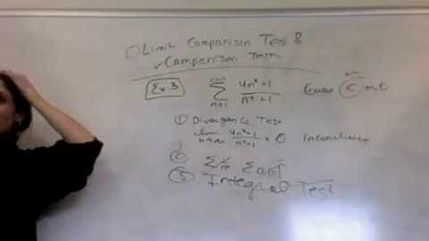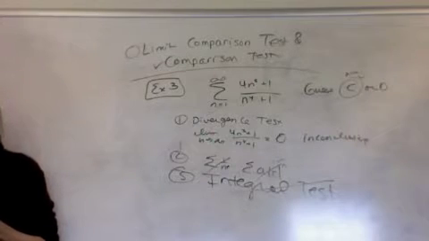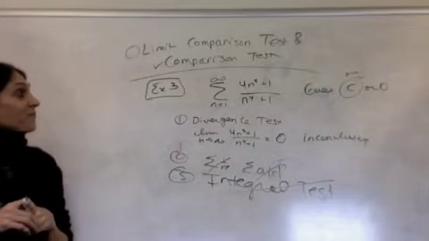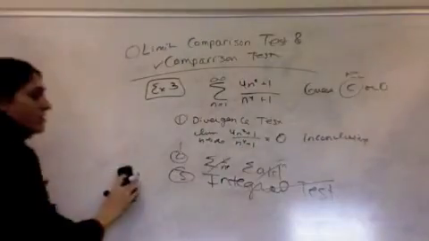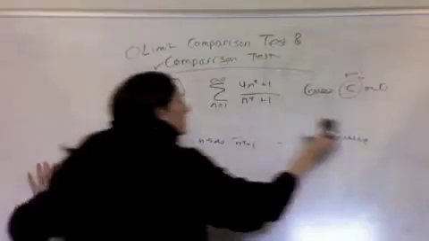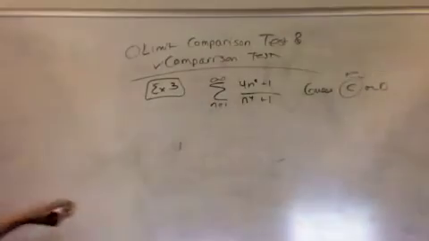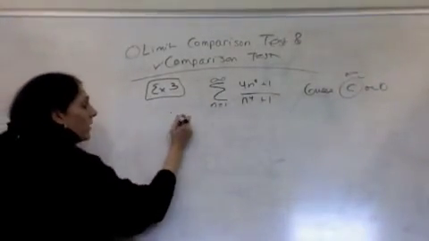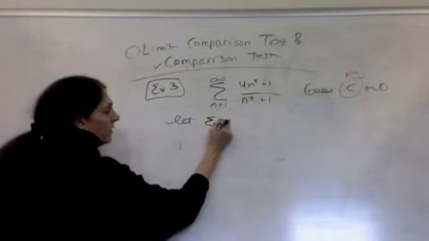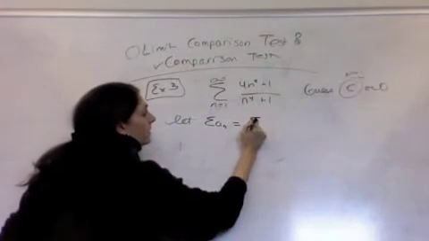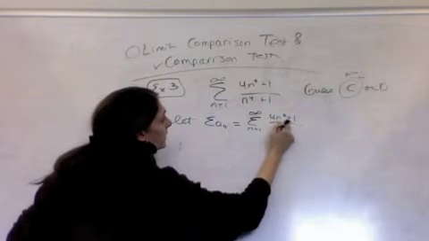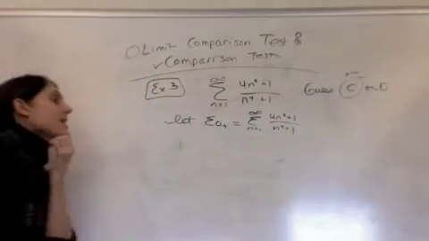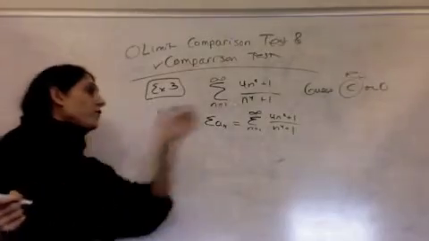Can you split it up and do comparison? Yeah, well, let's do the comparison test then. Let's do the comparison test right now. So these are no good, so let's try the comparison test. We're going to let, for ease, a sub n be our series.